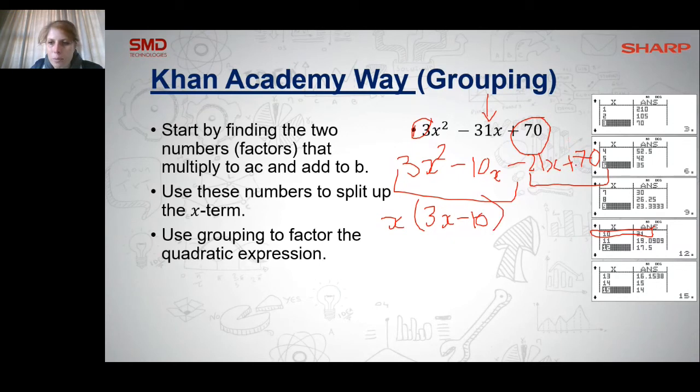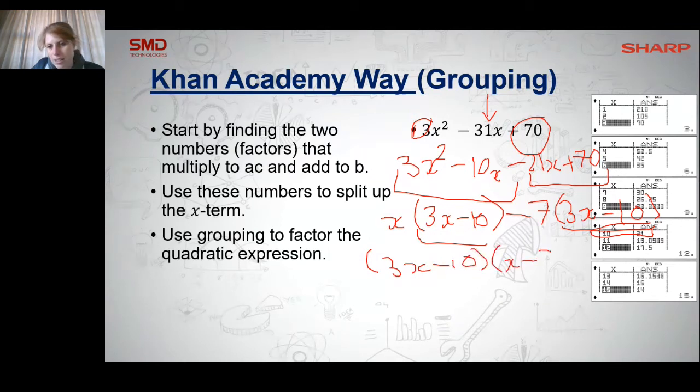With the second one, I'm going to take out a 7. In fact, I'm going to take out a minus 7. Minus 21 divided by minus 7 is 3x, and plus 70 divided by minus 7 is minus 10. Now you can see your brackets are the same here. So we can write the brackets down, 3x minus 10 and x minus 7, and we are all done.